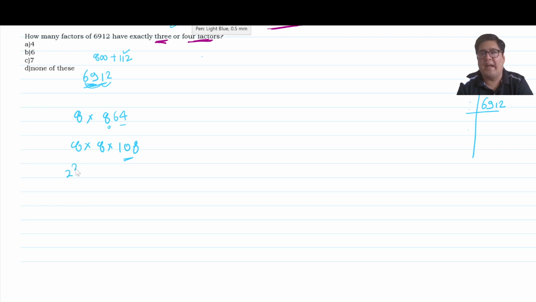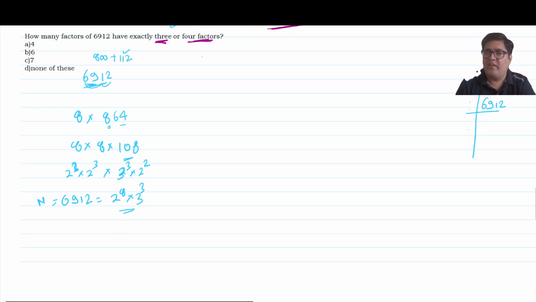So this is how you factorize numbers slightly faster. So basically 6912 when factorized is equal to 2 to the power 8 into 3 to the power 3. This is the factorized form of the number.